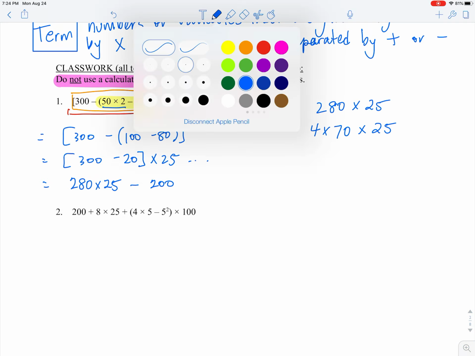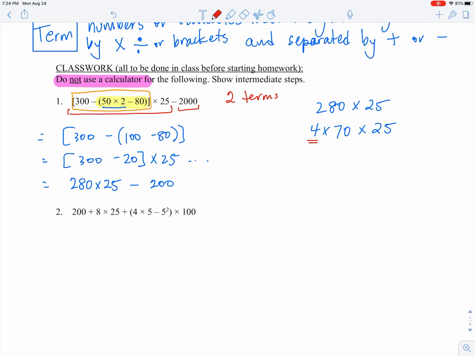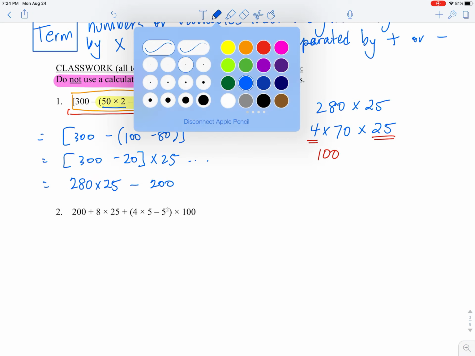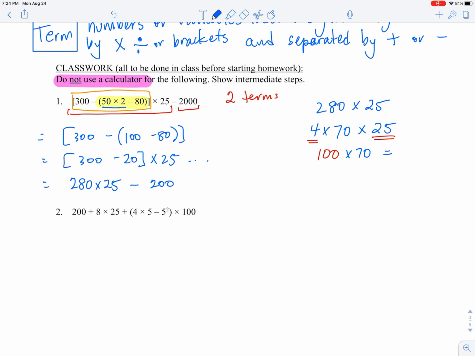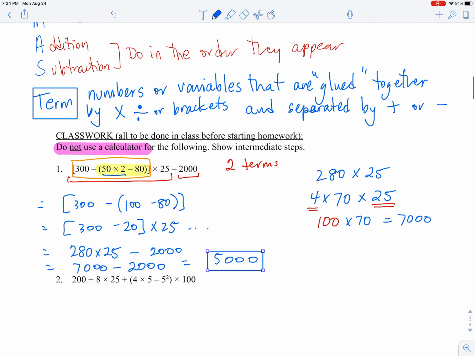I do the 4 times 25 first. That gives me 100, so 100 times 70 gives me 7,000. So this really is 7,000 minus, oh, I goofed, that was 2,000. So 7,000 minus 2,000 gives a final answer of 5,000 for the first question.